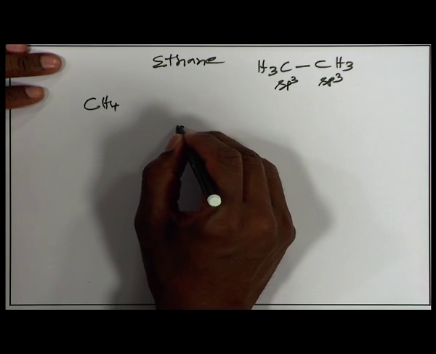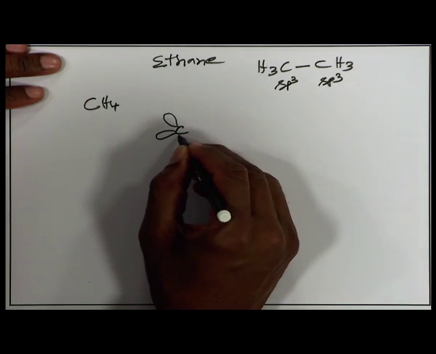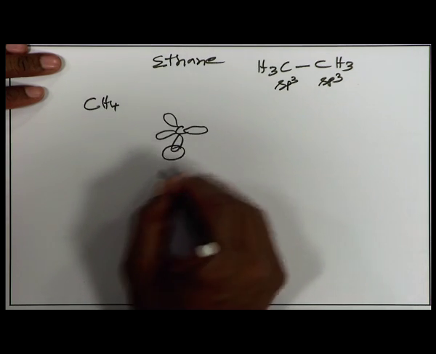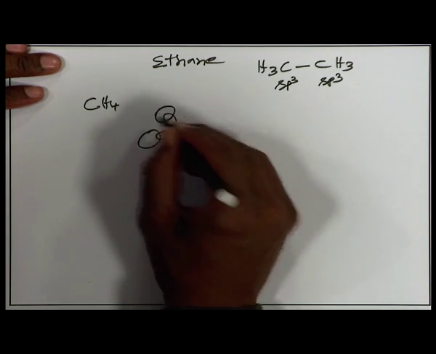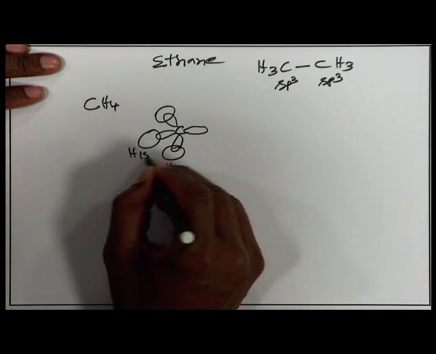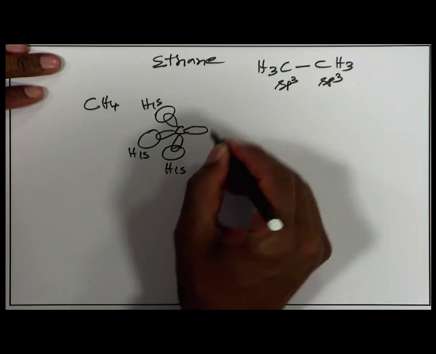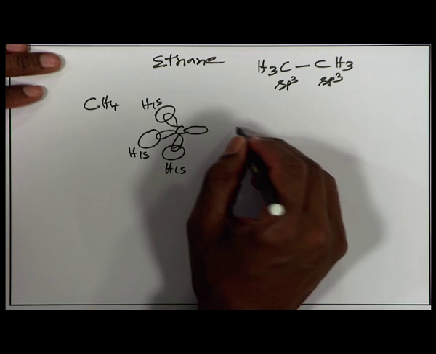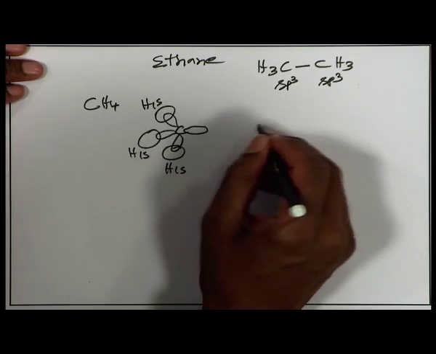That can be drawn in this way. On carbon, you have sp3 hybridized lobes. These 3 are used for forming covalent bonds with hydrogens, with hydrogen 1s orbitals. The remaining sp3 hybridized orbital is used to form a sigma bond with the adjacent carbon atom.